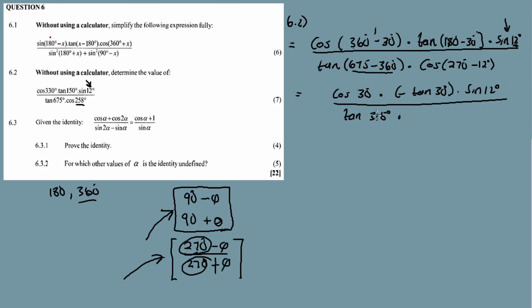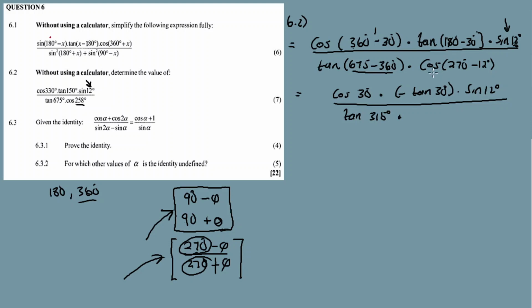Then you can apply the co-ratio reduction formula. Then cos of 270 minus 12 degrees. 270 minus, it's a co-function.